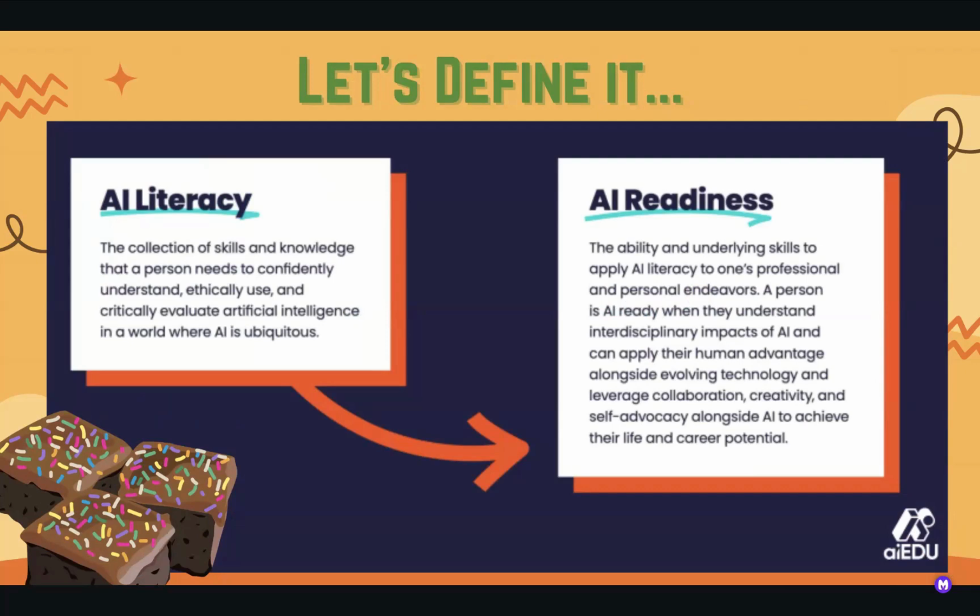So as we talk about AI literacy today in our session, the definition is there on your screen. So it's talking about really understanding what AI is and how it works, how to ethically use it. So knowing when and when not to use it, but also understanding that it can have bias and it can make up information as well. Once our students and ourselves as adults understand that and have that AI literacy, we move into AI readiness.